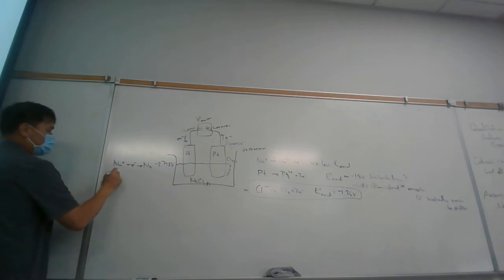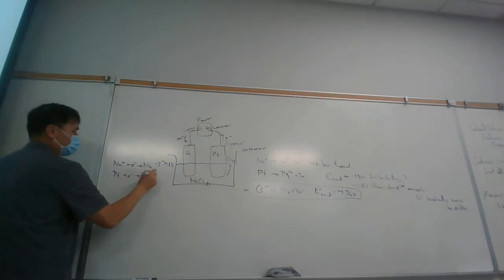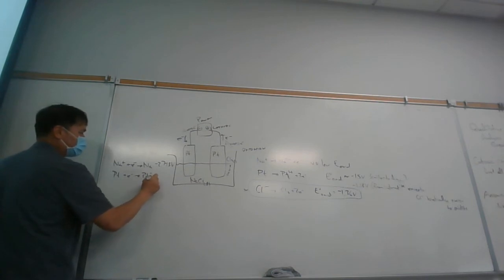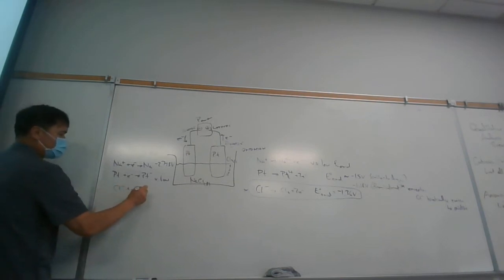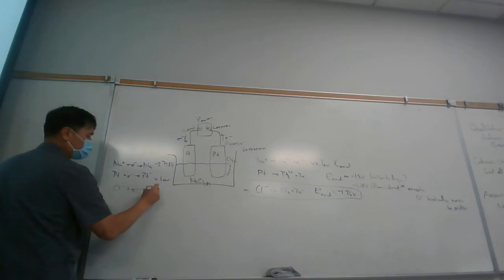Then we have platinum. The reduction potential for platinum is very low, because we form platinum anion, Pt minus, so we'll just say very low. Pt minus is a very, very rare species. Chloride also is very low because the extra electron has to be accommodated in the next shell. And so this would be Cl2 minus. This would be very low as well.